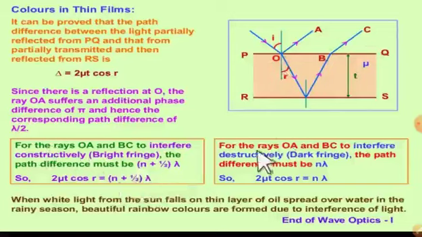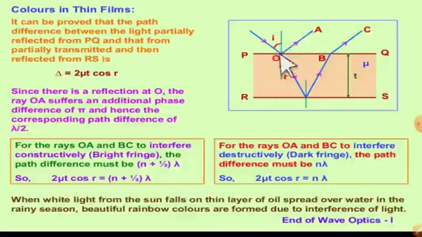To interfere or to have constructive interference or bright fringes, the path difference must be (n plus 1 by 2) times lambda. Okay, I told you that it should be a multiple of lambda, but here it will not be a whole number multiple, rather a whole number plus half. Why? Because half a lambda is already there as path difference, because this is due to the reflection.